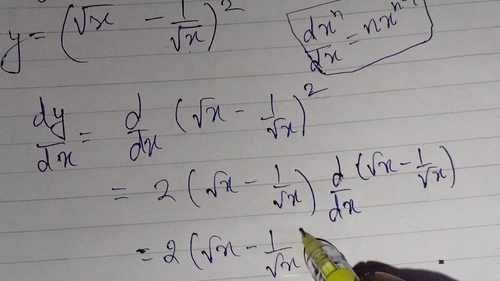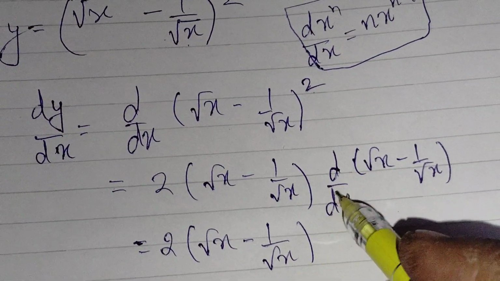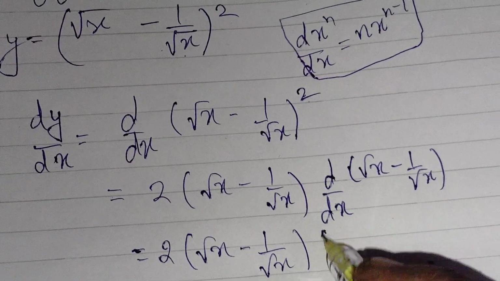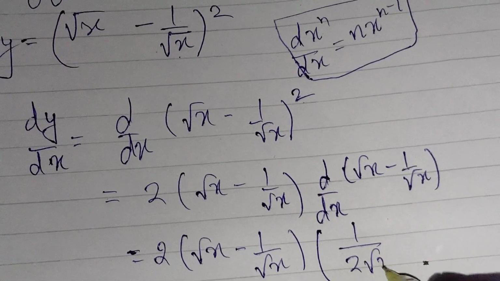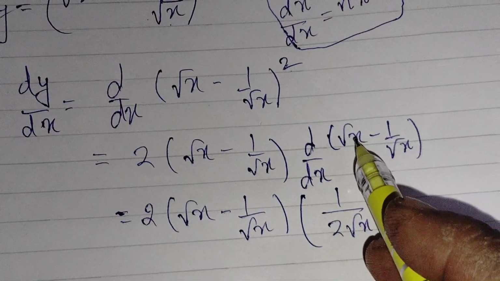Now differentiation of square root x. There is the distributive property we use for differentiation. There are two terms inside the bracket, so we differentiate both terms. First term, square root x, differentiation is 1 upon 2 square root x, or we can convert it to x power 1 by 2.